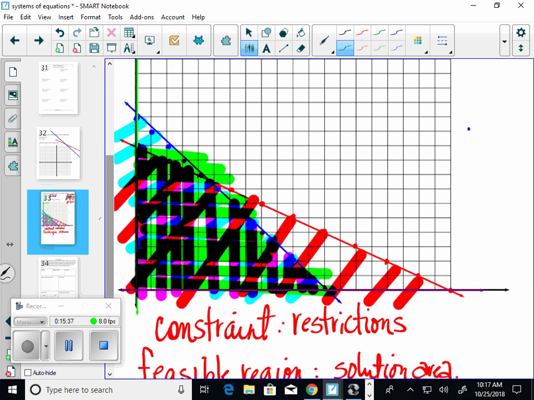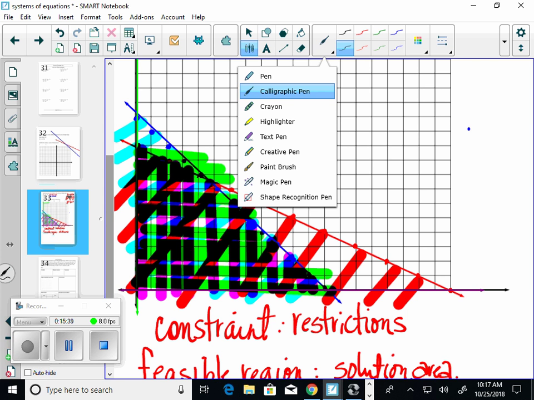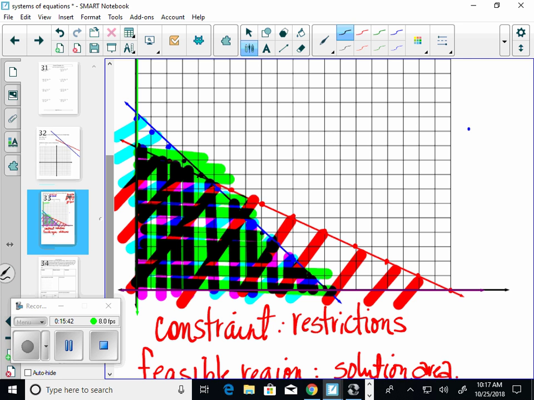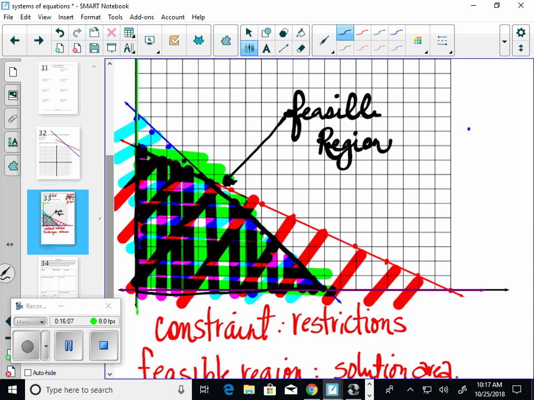If I make my line a little bit bigger, I can say the feasible region for this problem is right here, where mine is turning black. Now, depending on what the problem is asking, I'll be able to determine which solution is going to be a viable one.